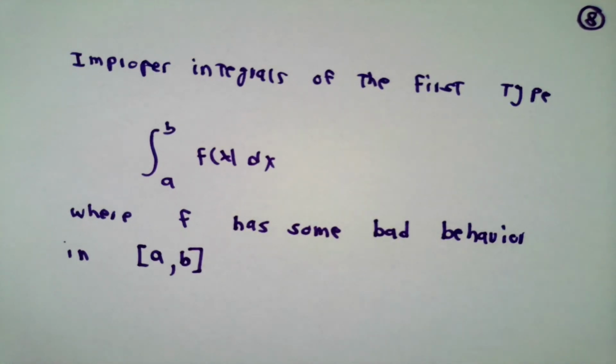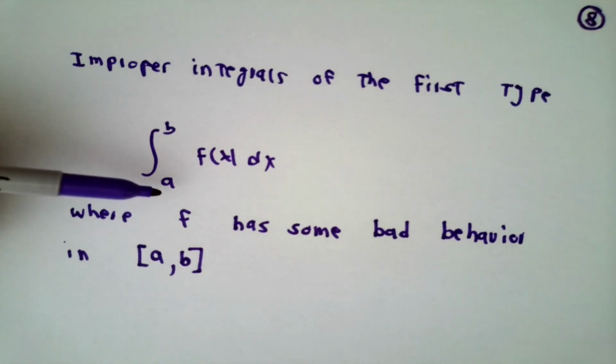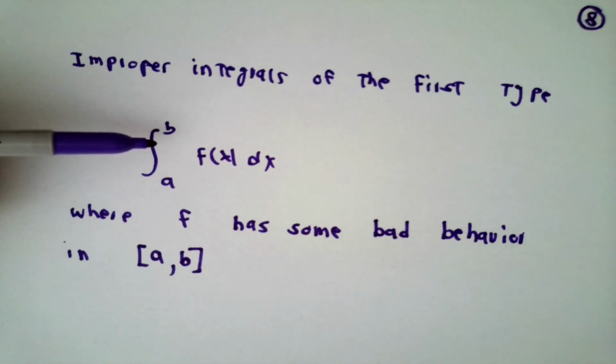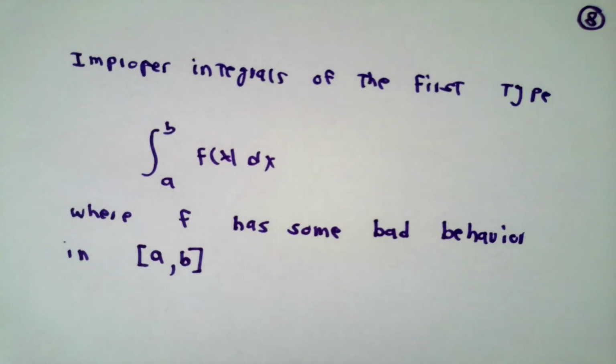We'll call these improper integrals of the first type. We start at some specific x value, we end at some other one. The problem is that the function has some sort of bad behavior in the interval upon which we're integrating it. We're also going to have improper integrals of the second type, but I'll talk about that in the next video.